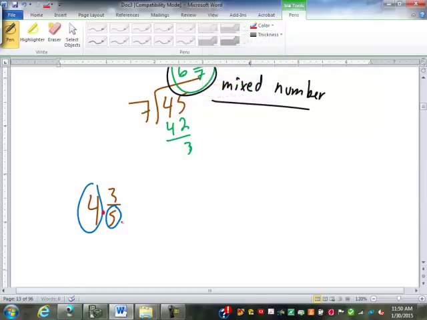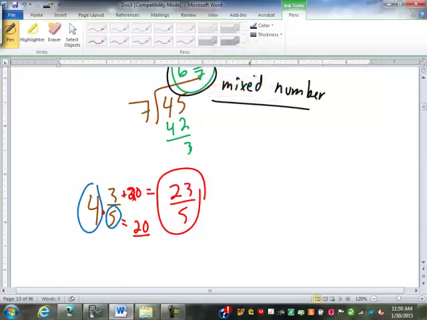So 4 whole objects times 5 pieces is 20. So the 4 whole objects break into 20 pieces. Plus we already had 3 pieces there. So 20 plus 3 is 23/5. Now again, I'm moving through this rather quickly because I know you guys have all seen this before and probably don't necessarily need much of a review.